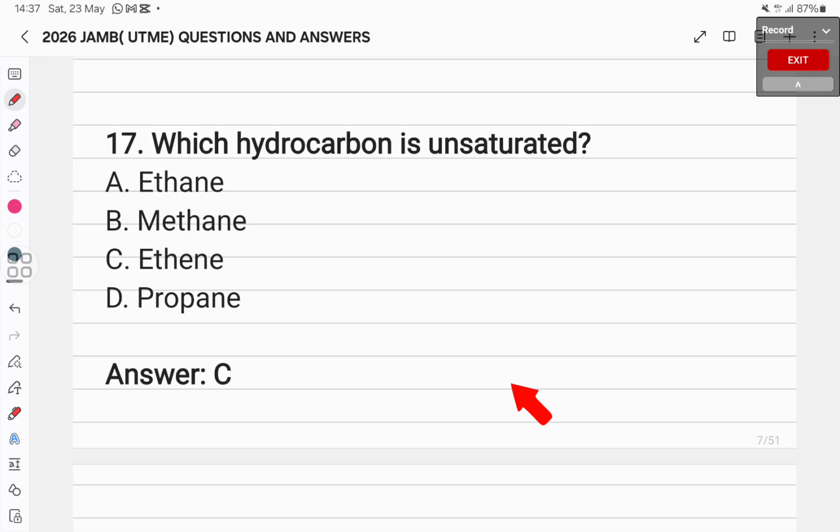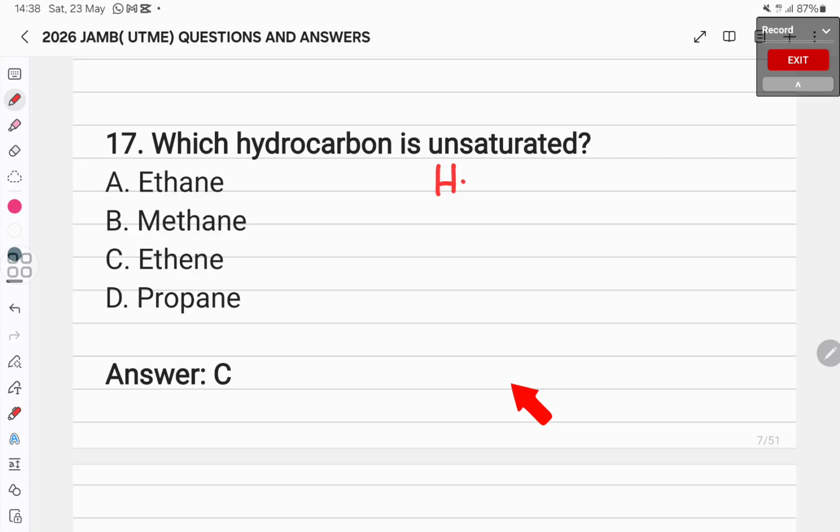They are non-hydrocarbons, like alkanols, alkanoic acids, and the rest. Hydrocarbons can be classified into two groups based on whether they are saturated or unsaturated.